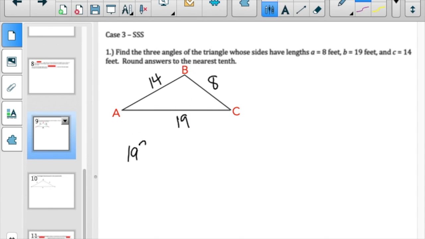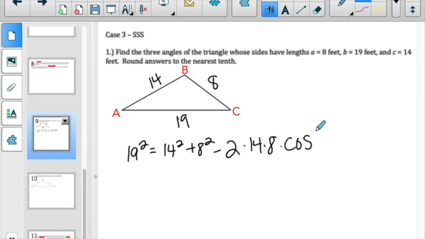So 19 squared is going to equal 14 squared plus 8 squared. So B squared equals A squared plus C squared minus 2 times what? Do I use the 14 and the 8 again, right? Times 14 times 8 times the cosine of B.